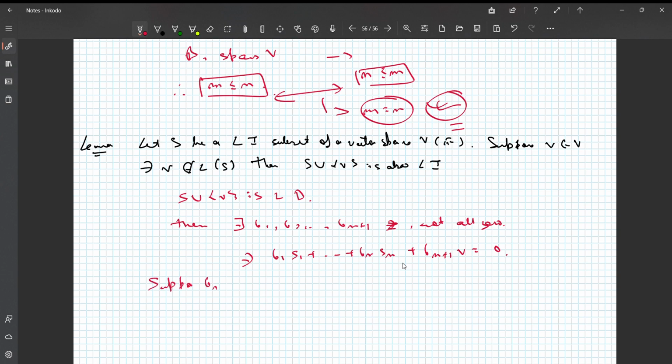So suppose b(n+1) is non-zero. So if it's non-zero, then we can write v as minus b1 by b(n+1) s1 and so on till minus bn by b(n+1) sn. So that implies v is in the linear span of S, but that's a contradiction, right? Why is it a contradiction?